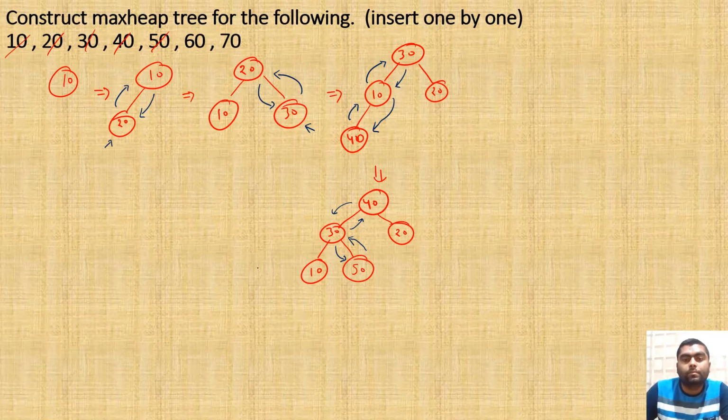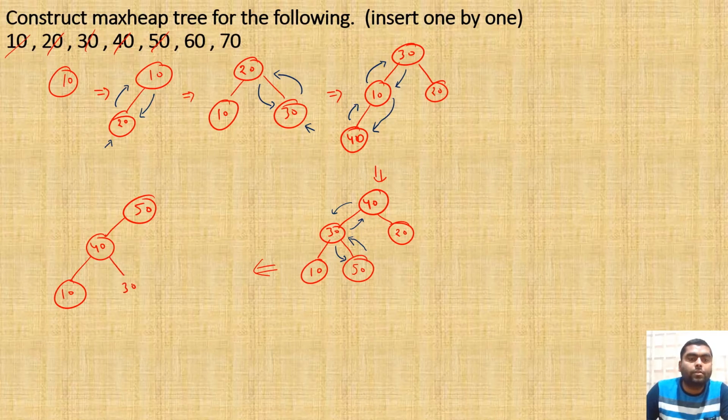So what will be the tree after this step? What is the max heap? The final max heap after this step is: 50 is the root, and left is what? Left is your 40, and left of that is the same 10. 30 is right to 40, and 20 is right to 50.